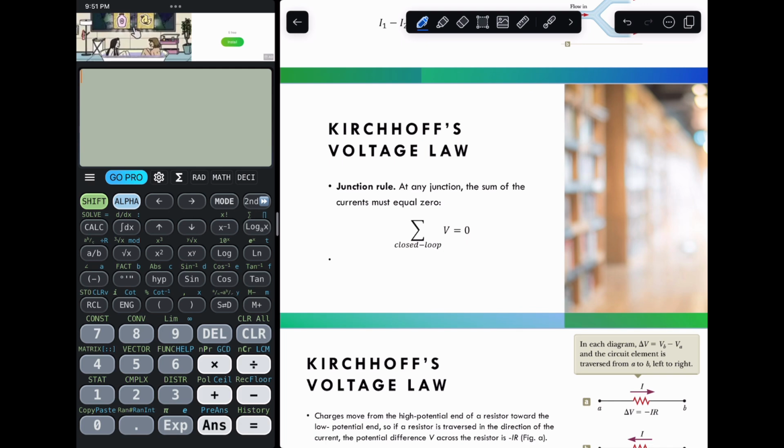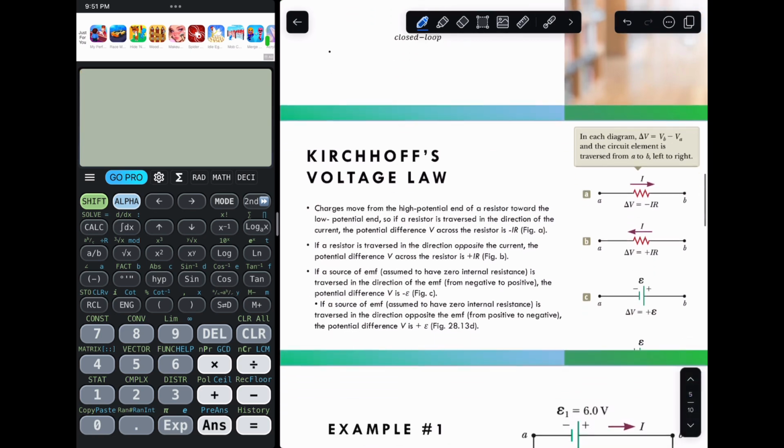That means the summation of the voltages across a given loop will be equal to 0. We have to make sure that we have a single loop for us to perform Kirchhoff's voltage law.